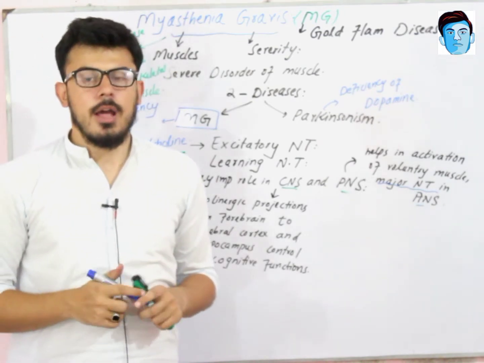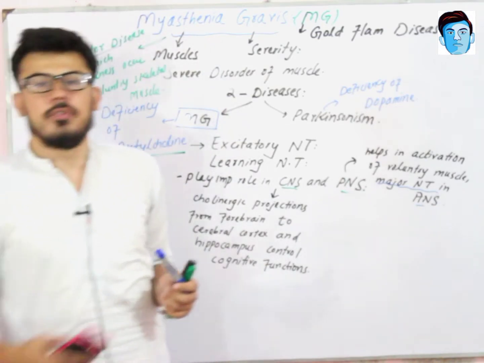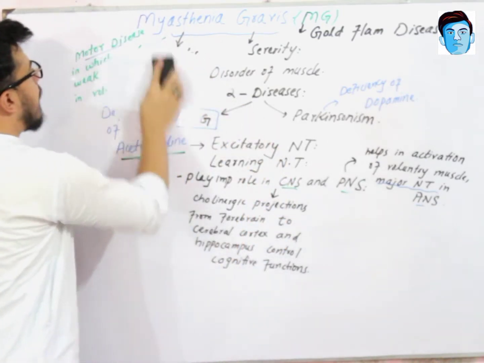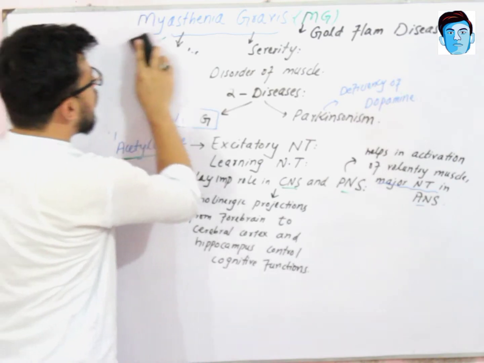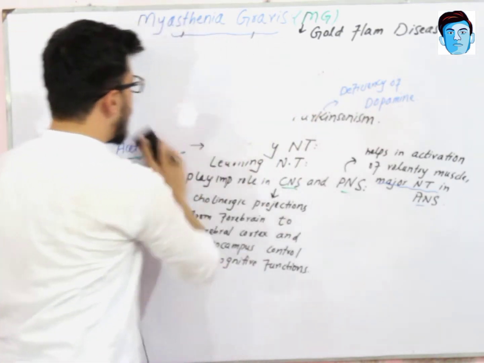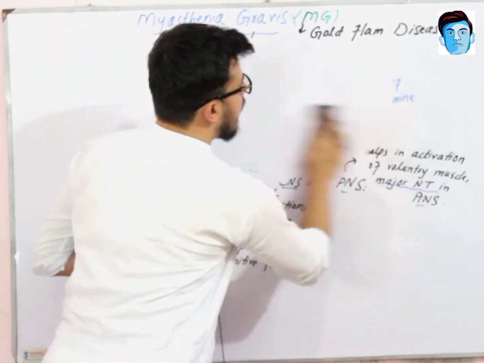So it's important, but let's define myasthenia gravis in a more proper way. How can we properly define myasthenia gravis?